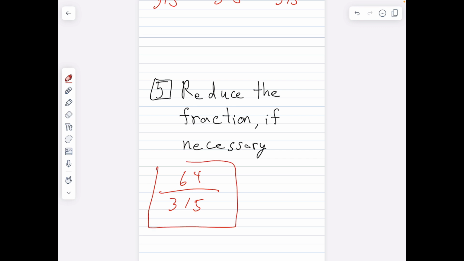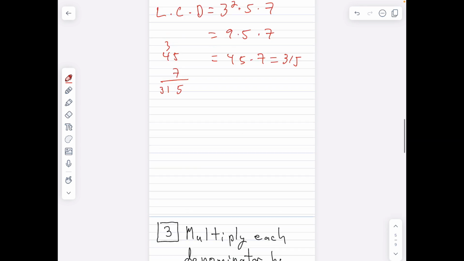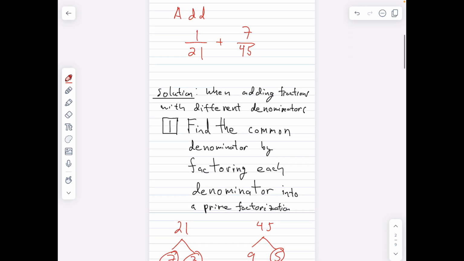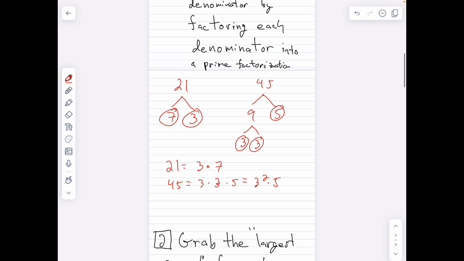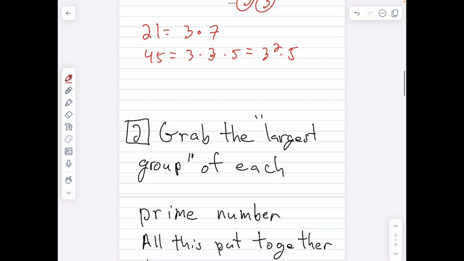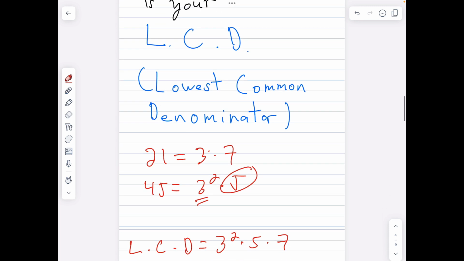Okay. So just to recap what we did real quick, go back to step 1. You're going to break down the 2 denominators, which were the 21 and the 45. And we broke them down as you saw. And what you're going to do now is, from those factorizations, grab the largest group of each of these numbers, and that makes your LCD.